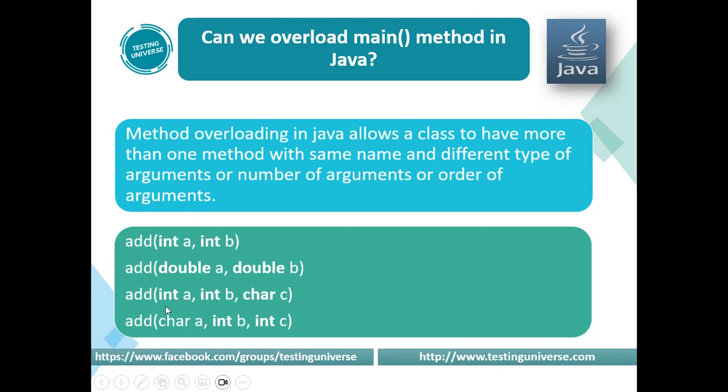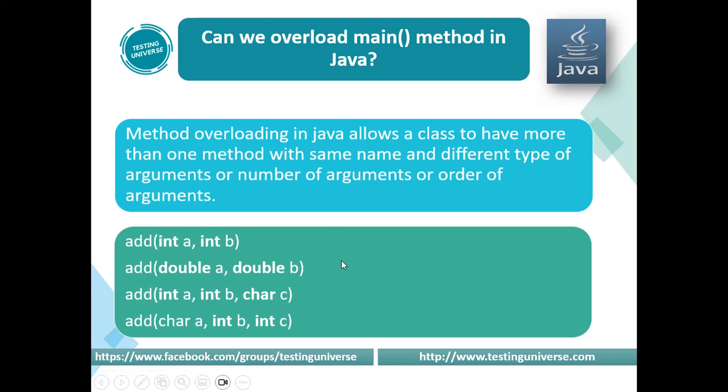Here three arguments are there, int a, int b and char c, so a different type of argument has also been added. Here, see the third one, the order of the arguments: char a, int b, int c. So the order of arguments can also be changed. This is called method overloading.